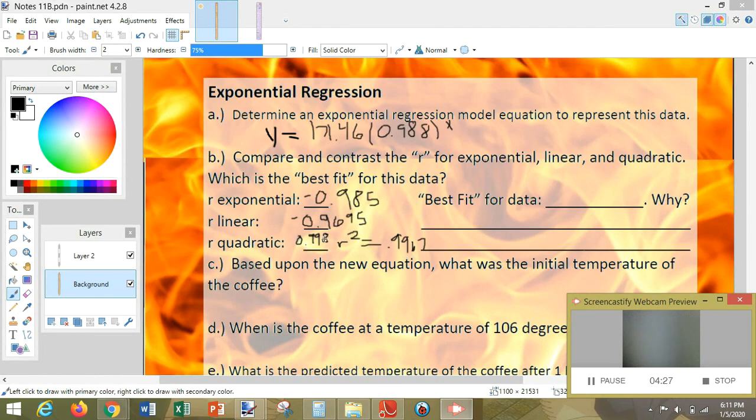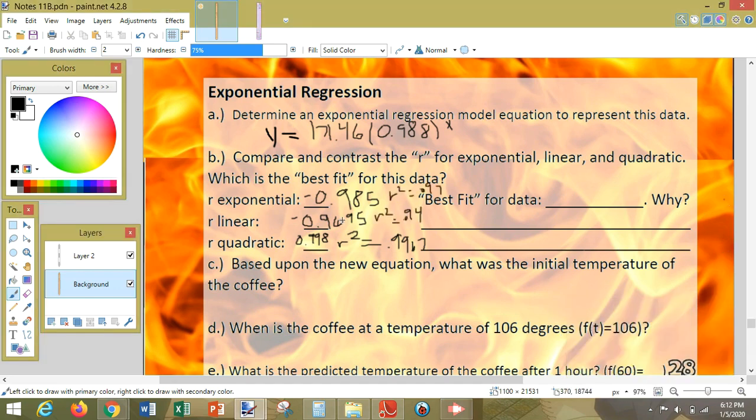On your paper, write down some notes about what I'm going to show you on the calculator. It's just like linear regression, except we choose a different option at the end. So we'll go to our graphing calculator. Make sure you're writing this down. You can use pictures or words.